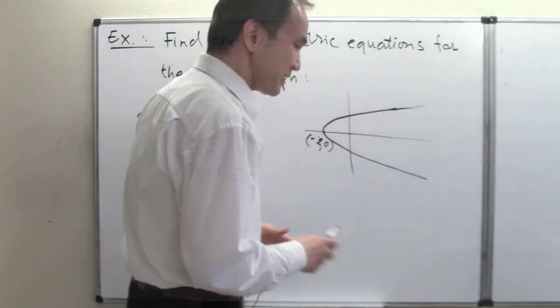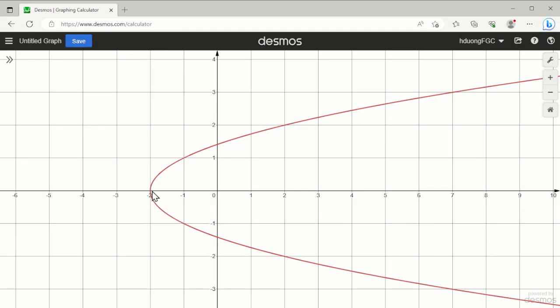Looking at the graph more closely, we have these special points: -2, comma 0, the vertex, which I mentioned on the board. We have the point -1, 1, and then -1, -1 down here. Then we have those special points right on the grid, 2, comma 2, and 2, comma -2.